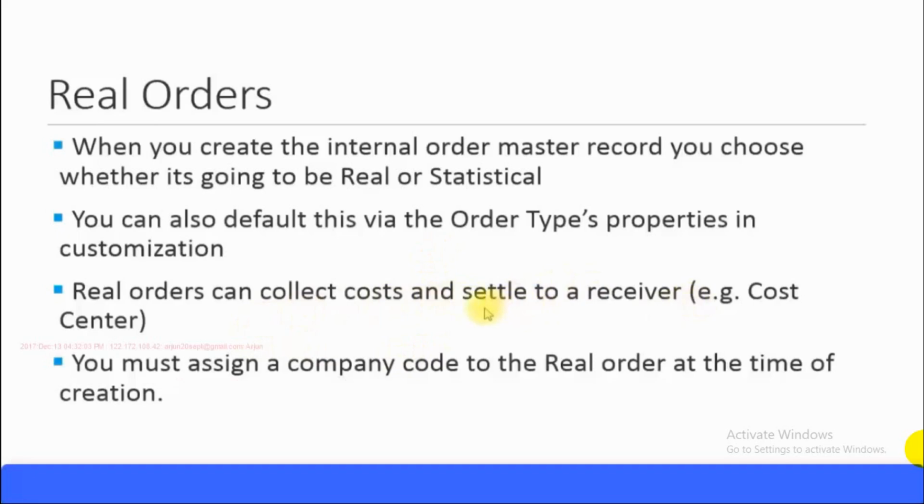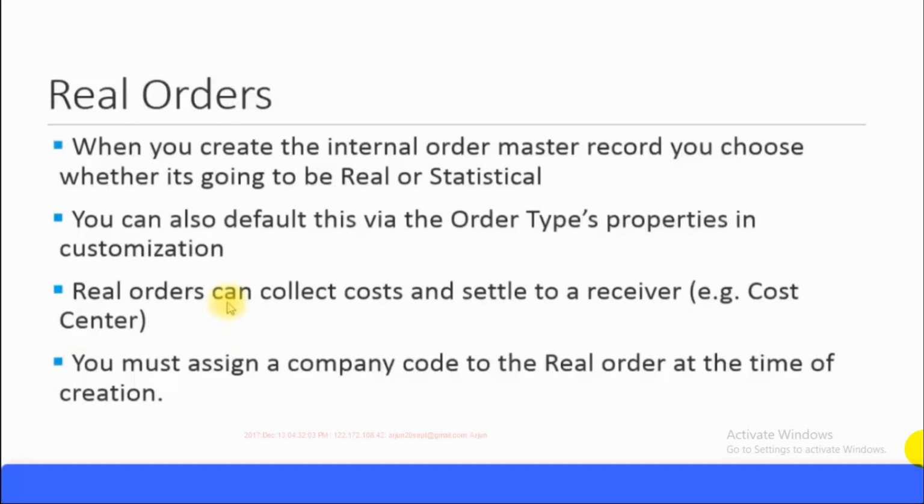Why this is useful is, when you are going to post, for example, you have created your 10 vehicles as internal orders and you have created them as real internal orders. So at the time of posting, you are going to specify your financial entry, you will specify your expense account, specifying the amount, whether it's going to be debit, and then you're going to specify the cost objects.